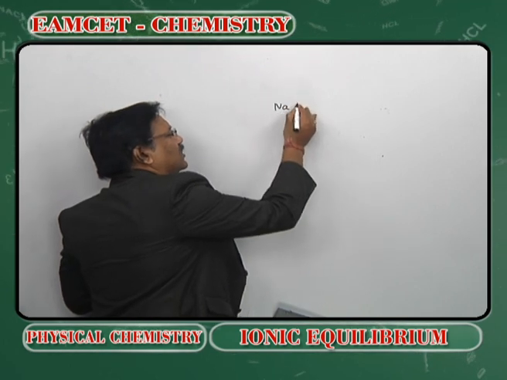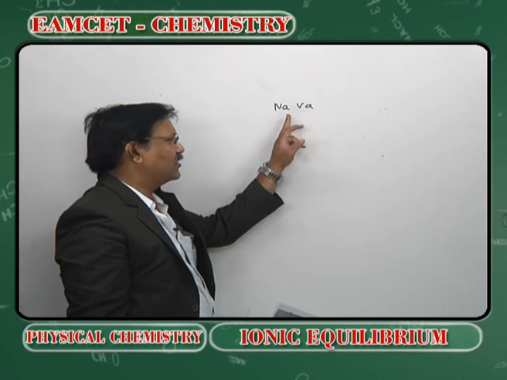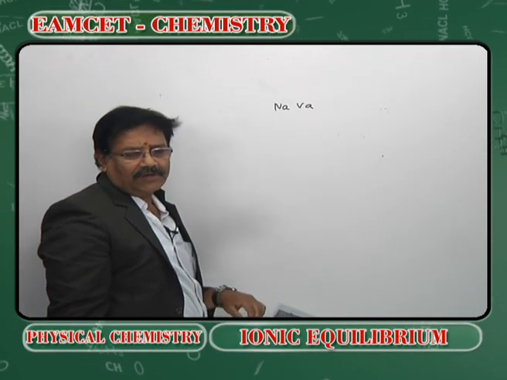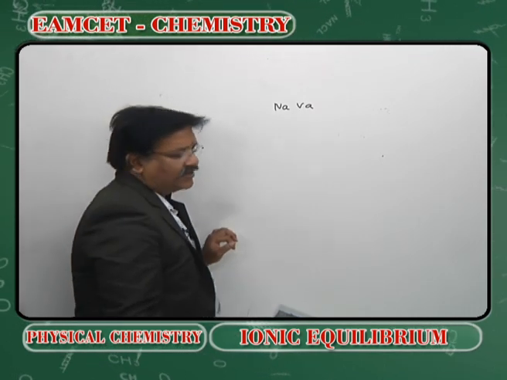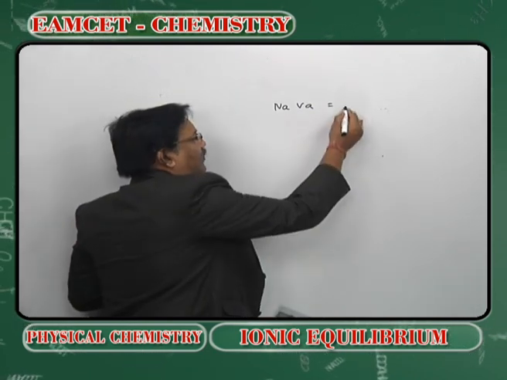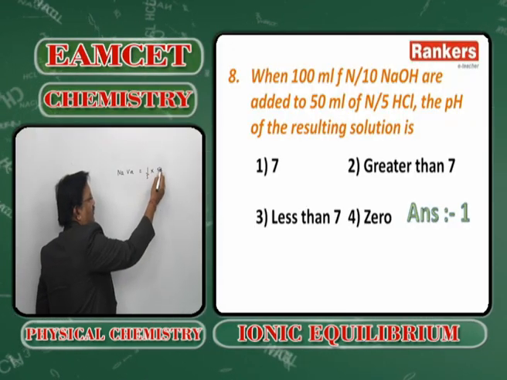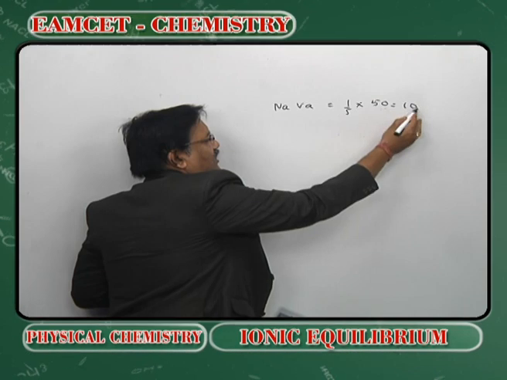What is Na? Normality of the acid. What is Va? Volume of the acid. So NaVa will be equal to number of milliequivalents of the acid. NaVa is 1 by 5 into 50, so it is 10.